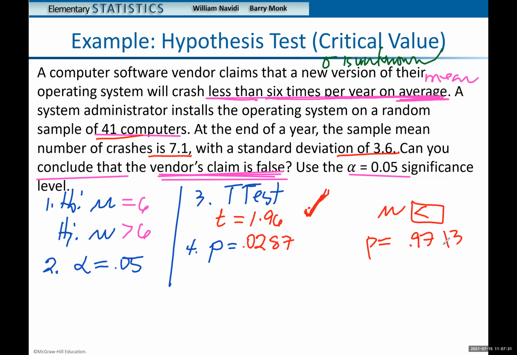This is also a hint. Based on my observations, a p-value cannot be this big.